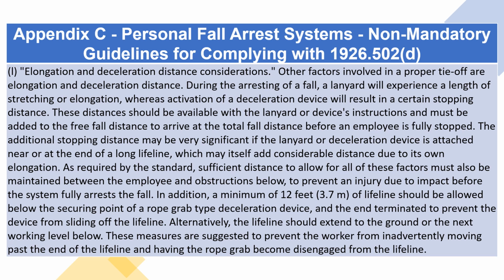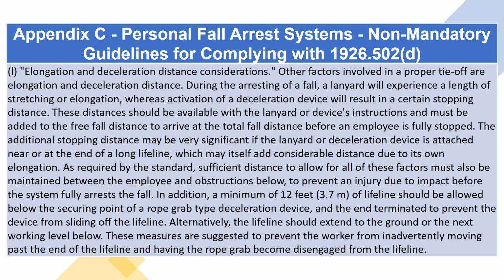The additional stopping distance may be very significant if the lanyard or deceleration device is attached near or at the end of a long lifeline, which may itself add considerable distance due to its own elongation. As required by the standard, sufficient distance to allow for all of these factors must also be maintained between the employee and obstructions below, to prevent an injury due to impact before the system fully arrests the fall.